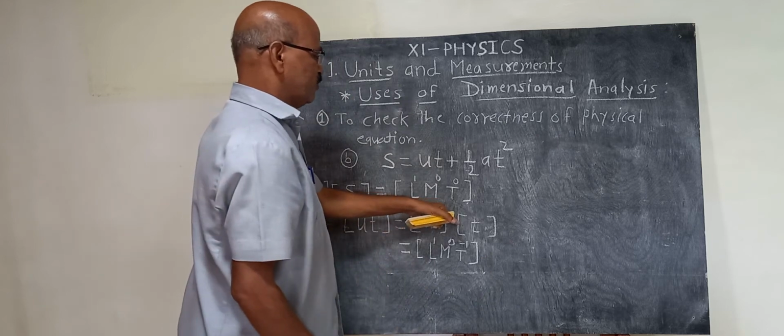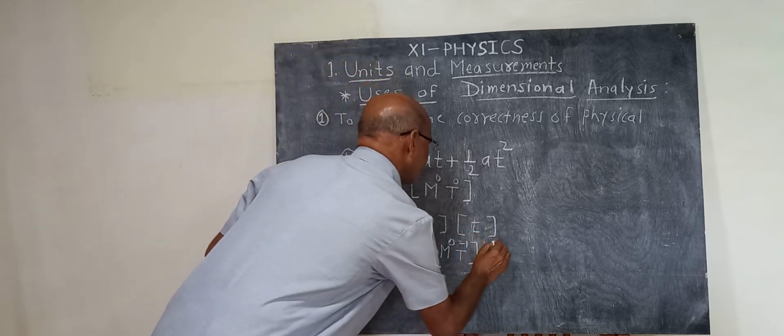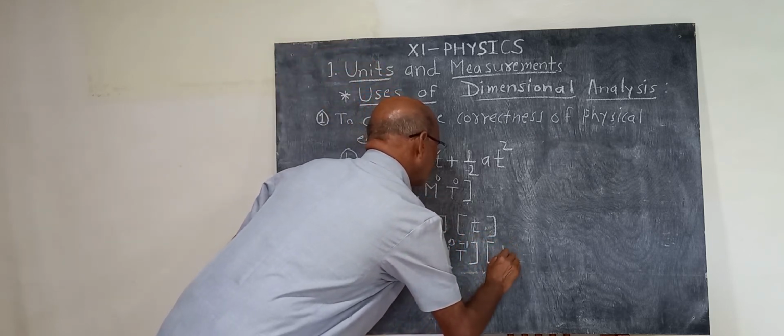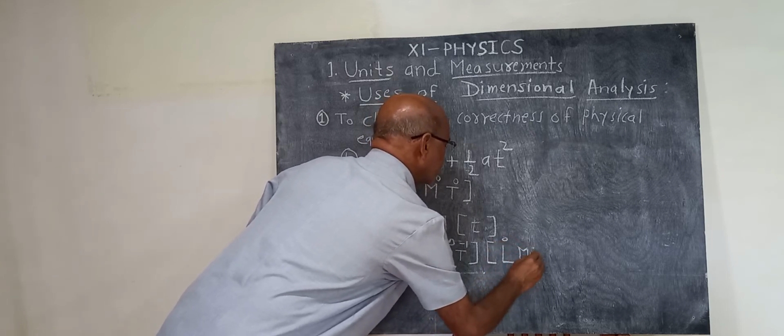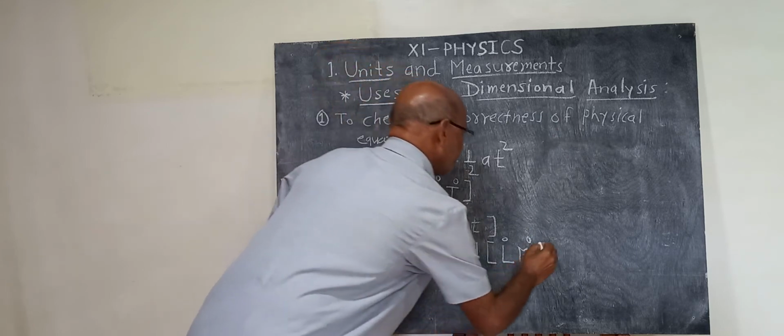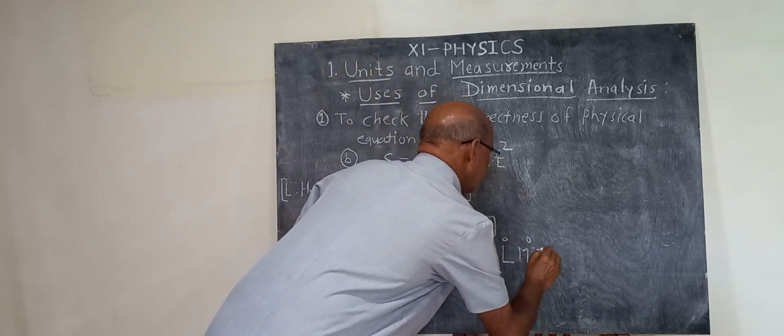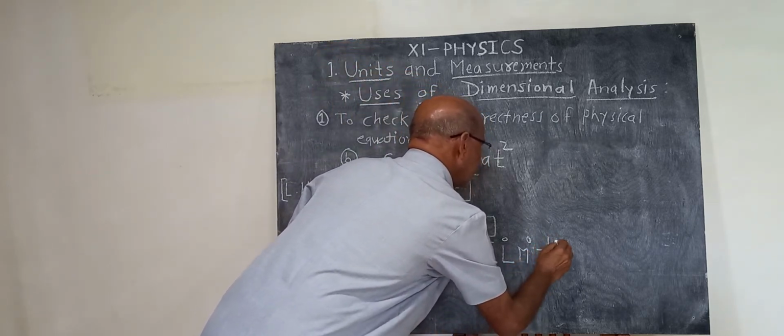Then write the dimensions of time, 0 in length, 0 in mass and 1 in time.